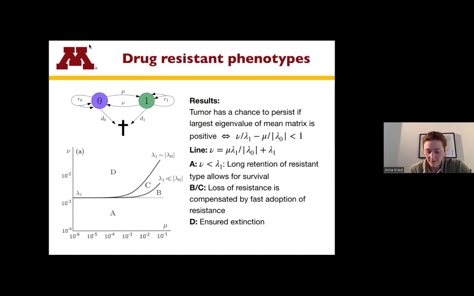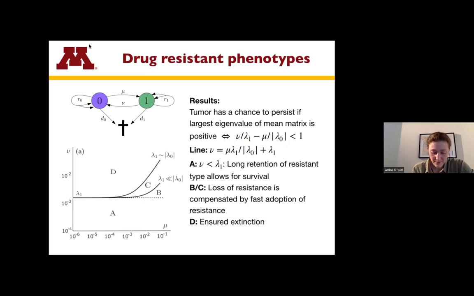And in this picture here, you can see on the x-axis the switch to the dormant state called mu, and on the y-axis the switch back to the active state. And this line is exactly the critical case for this equation.